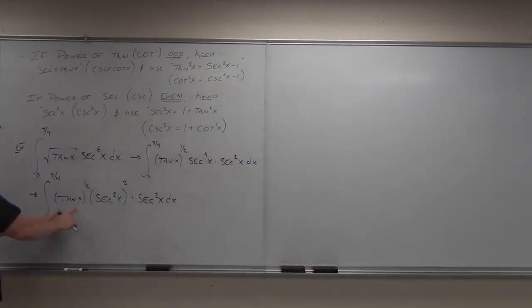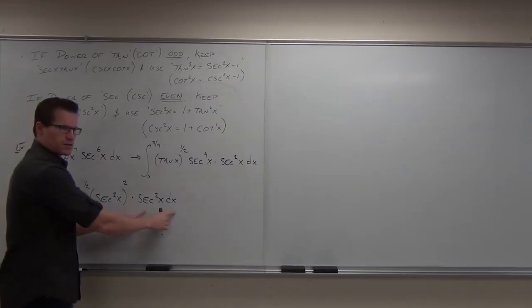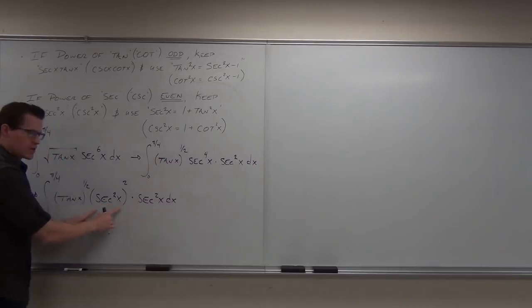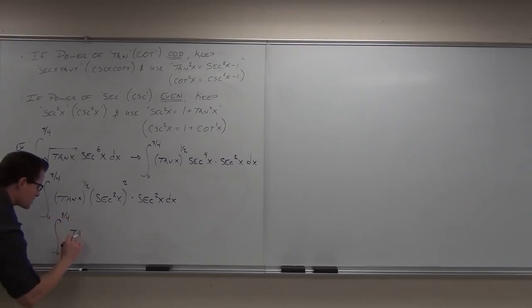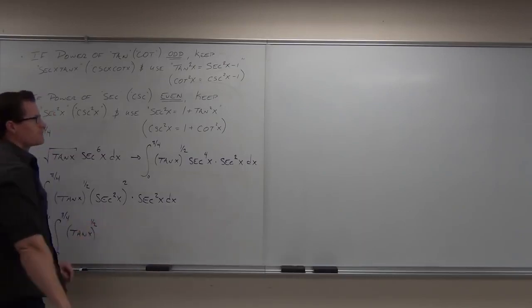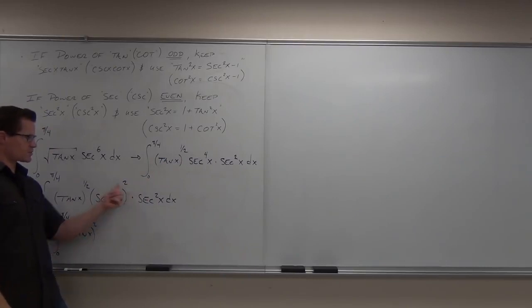So this one, do I want to change that? This one, do I want to change that? This one? No, this is going to allow me to make that substitution. Do I want to change this one? Oh, yeah. We're going to have tan x to the 1/2. In here, well, this is why we did this. Because this was still even, I can write this as secant squared, squared.